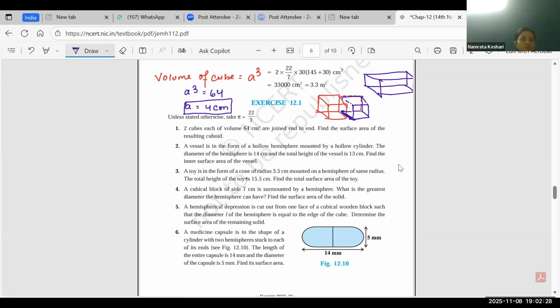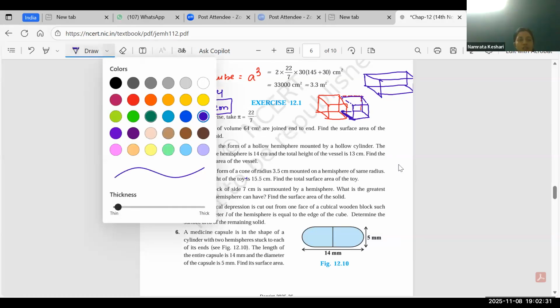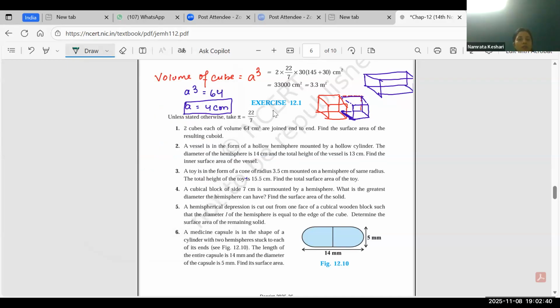Yes or no? Is it making sense? Both the cubes attached together became a cuboid. Can you see the cuboid? The length of the cuboid is the length over here and the length over here, I mean 4 plus 4, that is 8. The width of the cuboid is just 4, just like the cube. And the height of the cuboid is still the same as the previous cube, 4.